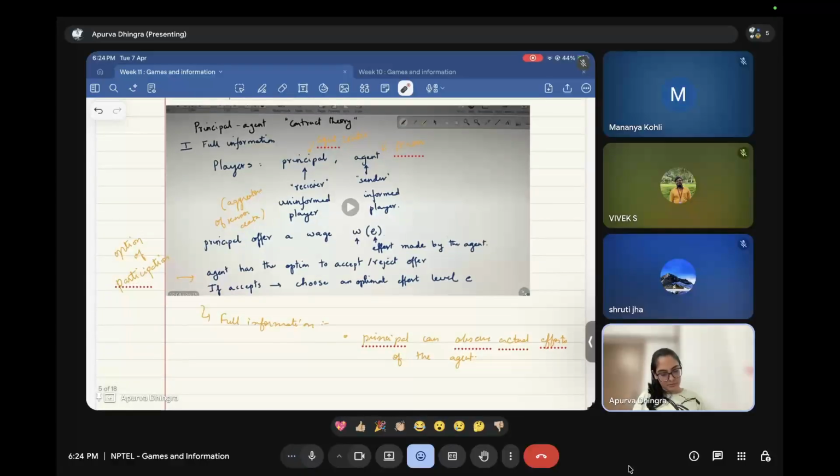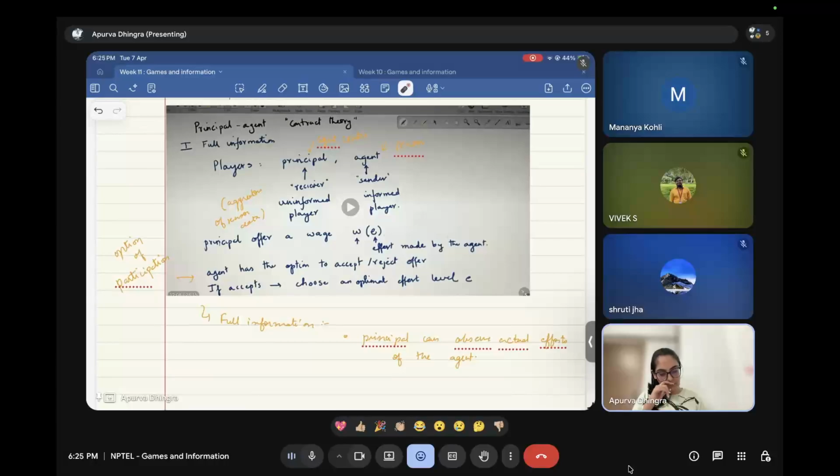What is happening here is this agent, based on whatever efforts he puts, so E, let's say, refers to the efforts that he's putting, then he gets a wage. The principal offers him a wage depending on his efforts, and in this particular scenario, the way it is designed, he can see the efforts of the employee, meaning once this person is employed, maybe there will be a way to know for how long they were logged in, or if it's a salesperson, what all places did they visit today, for how long did they stay at client A's house and then client B's house, and so on.